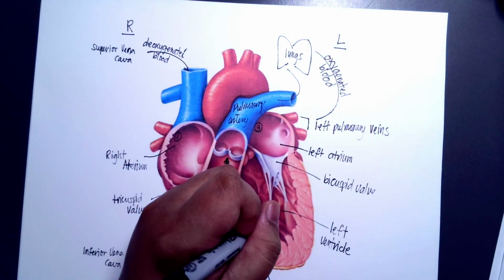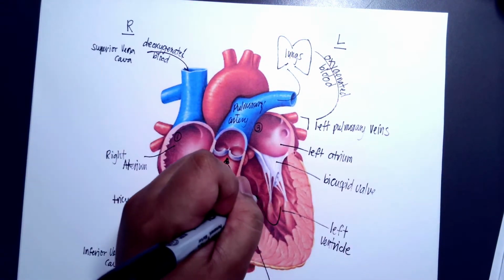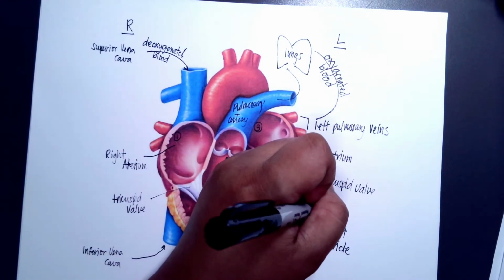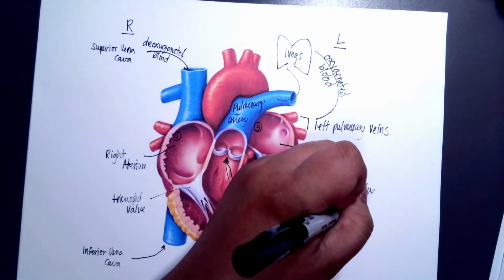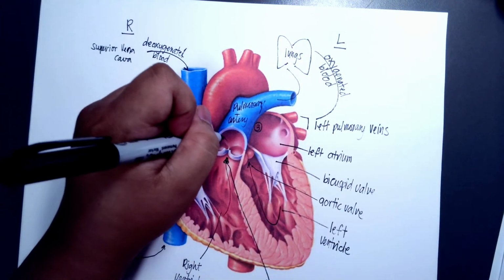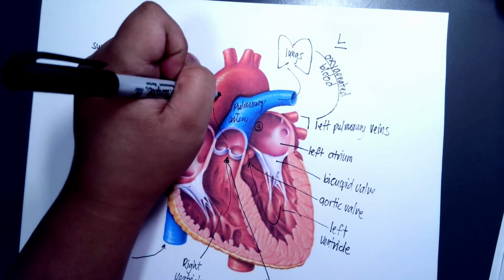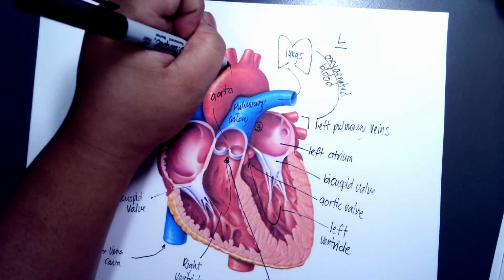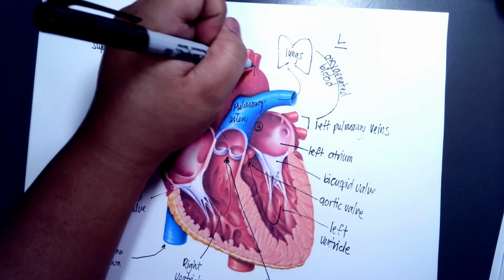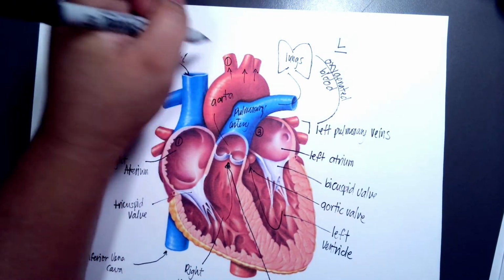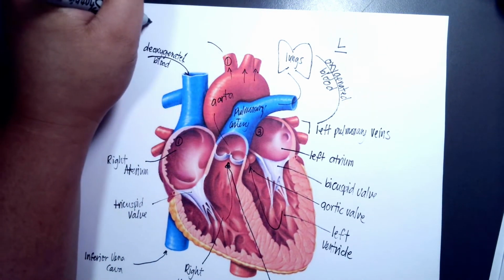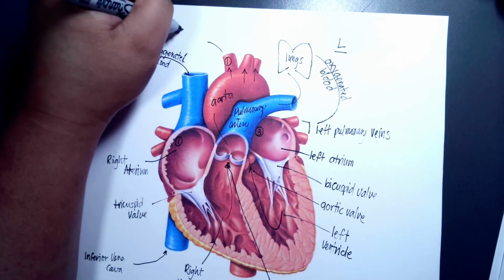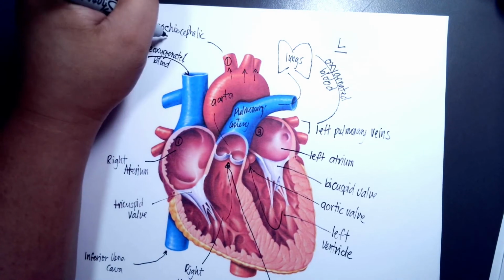Once it enters the left ventricle, the oxygenated blood now goes to the aortic valve and then to the aorta, which is now ready to be distributed throughout the body through these arteries. The first one is what we call the brachiocephalic artery.